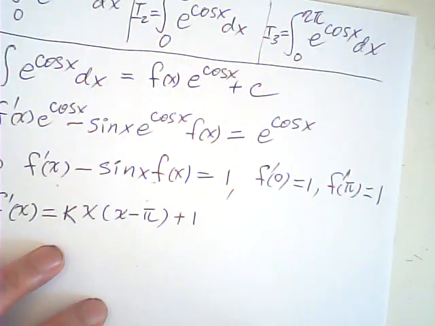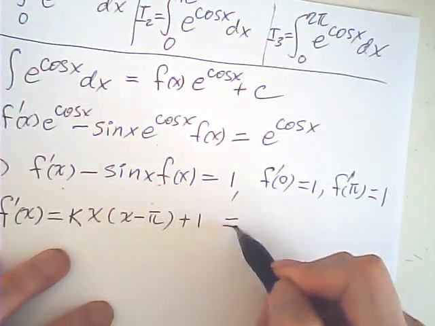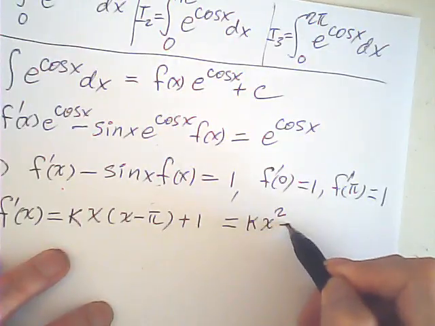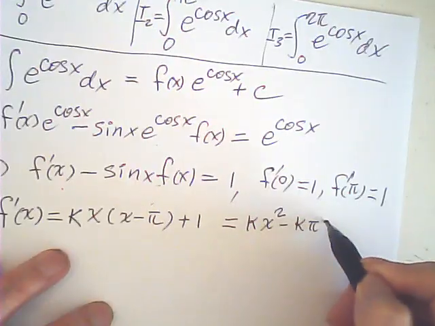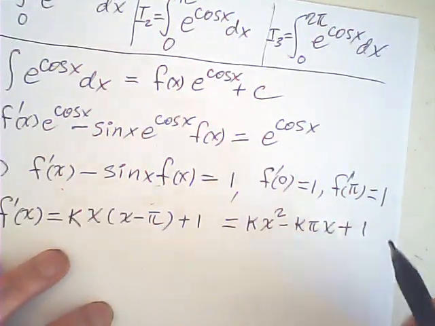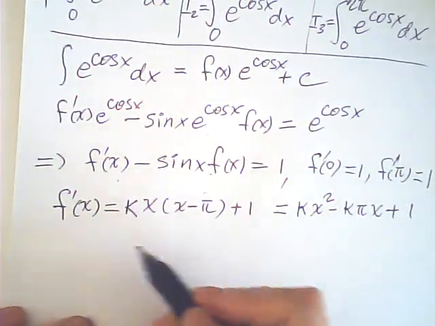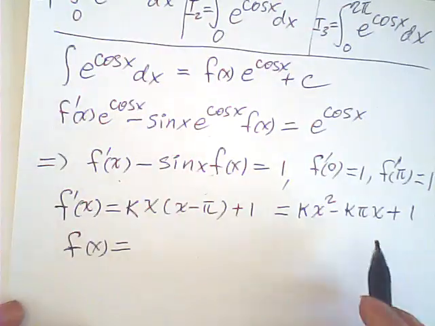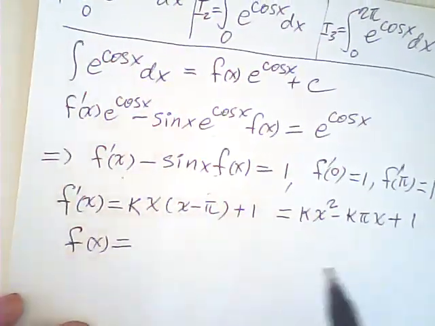So f prime of x is equal to k x squared minus k pi x plus 1. Then we can find f of x by integrating this, right?